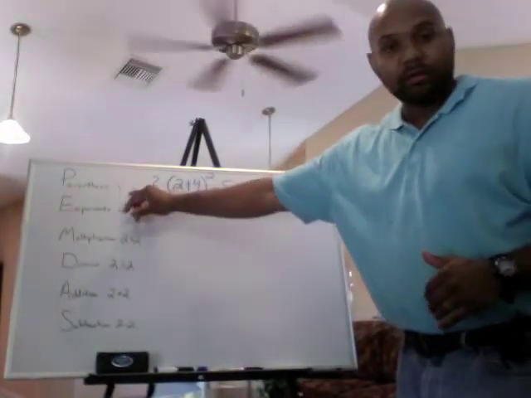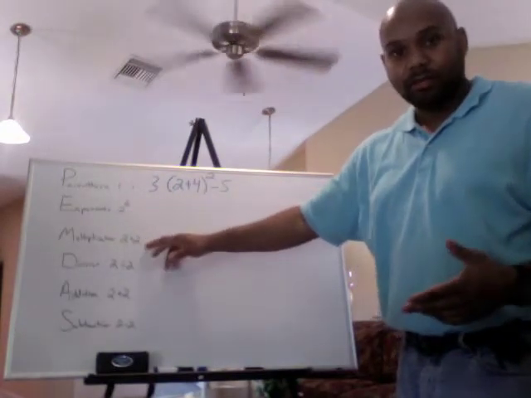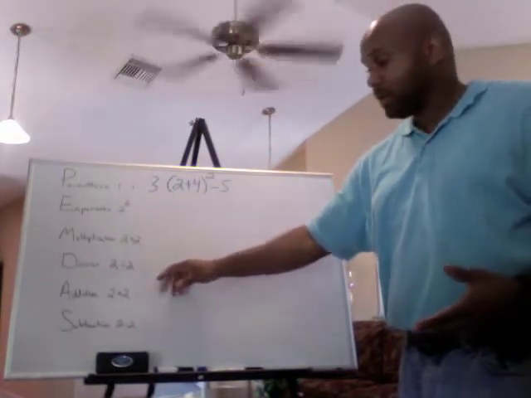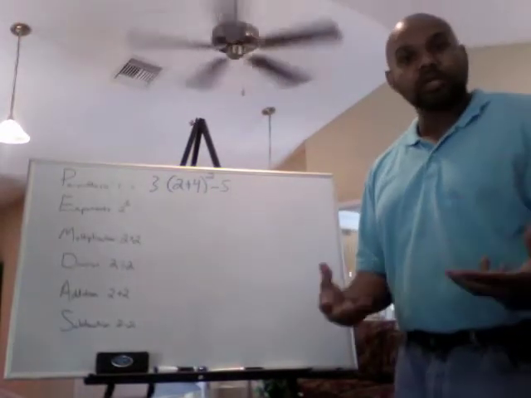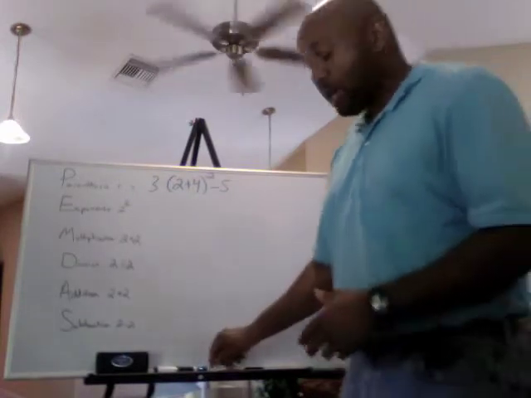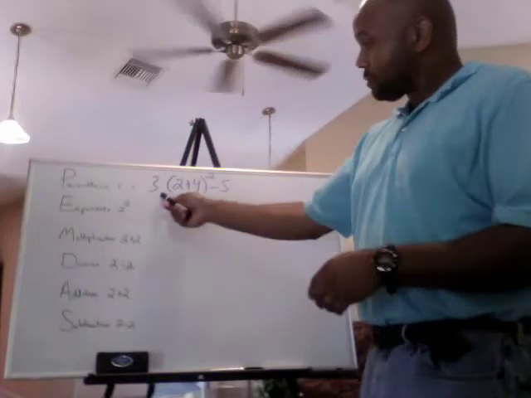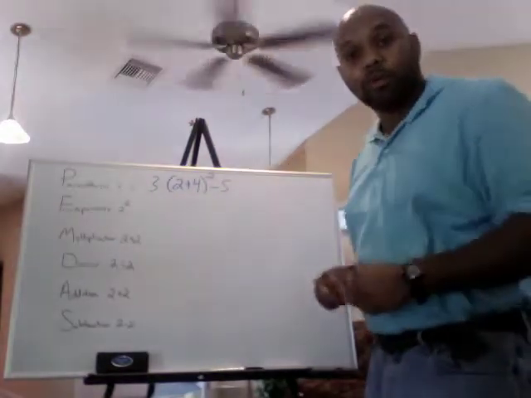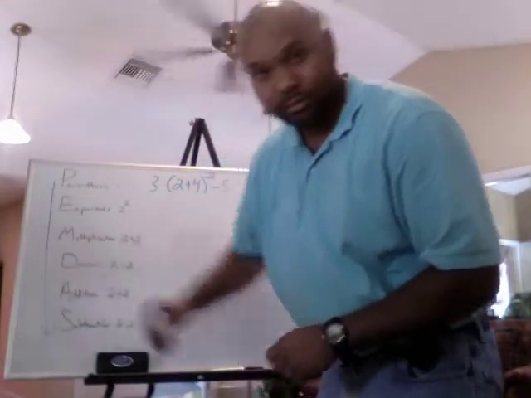All right, so we have that acronym written on the board here. The first letter, P, parentheses, exponent, multiplication, division, addition, subtraction. Now, as we stated before, when you learned the order of operations, it simply told you to go in one direction when you're trying to simplify. As in the example problem that we have, we're going to go in this direction.